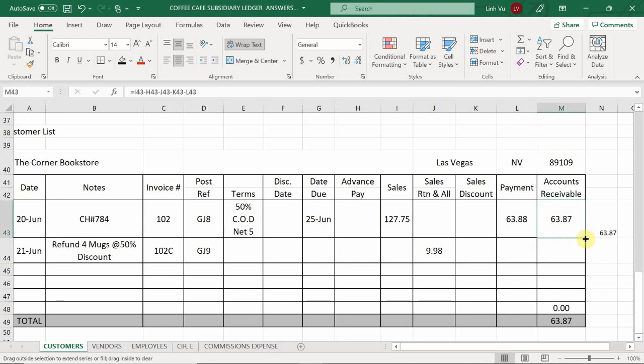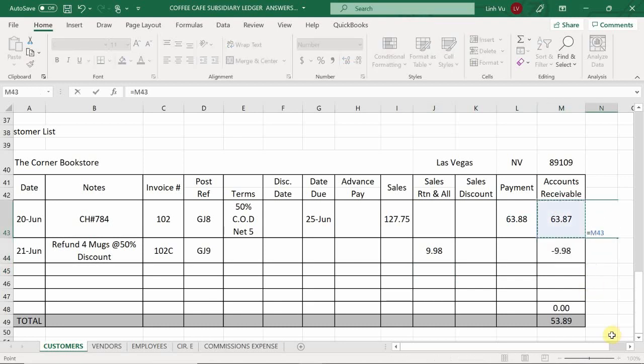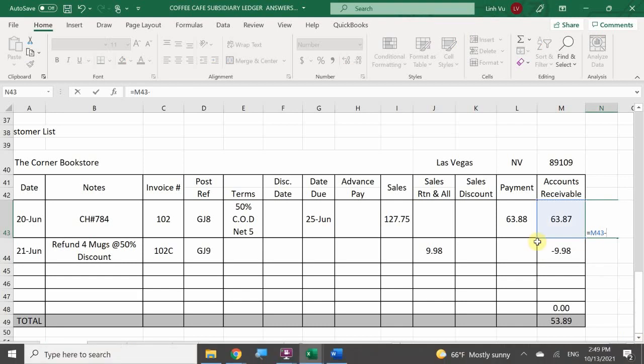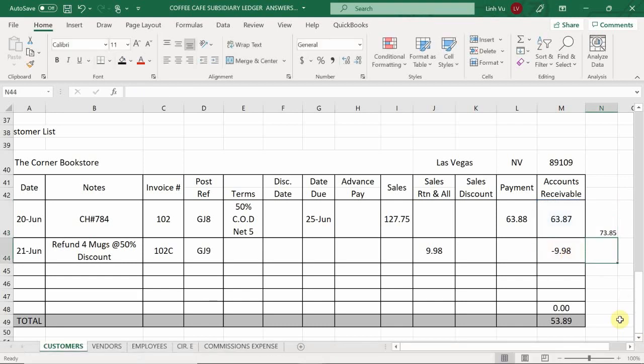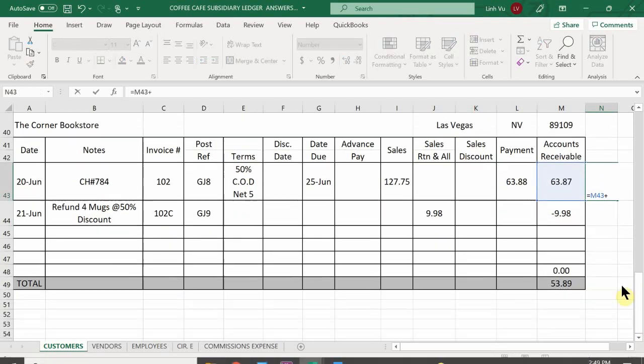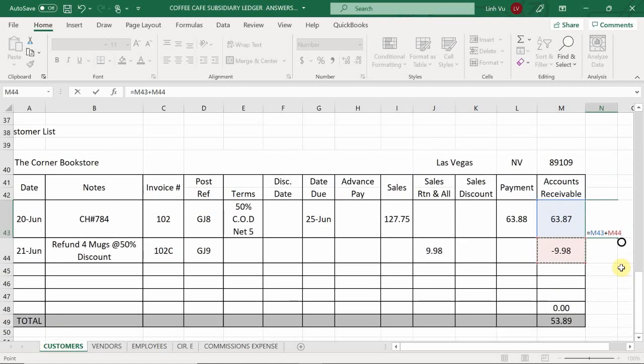So therefore, this is the amount that invoice number 102 is going to be: 63 minus $9.98 will be $53.89.